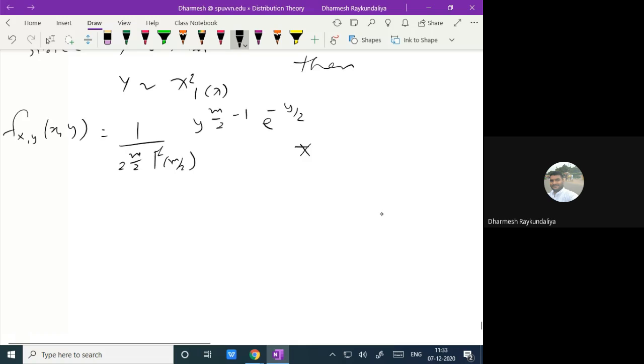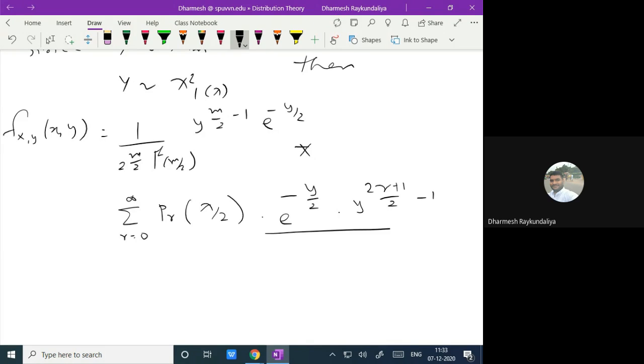What is that? It is a summation r equal to 0 to infinity, so it is a Poisson with r random variable parameter lambda by 2 into e raised to minus y by 2 y raised to (2r plus 1) by 2 minus 1 upon 2 raised to (2r plus 1) by 2 gamma (2r plus 1) by 2.